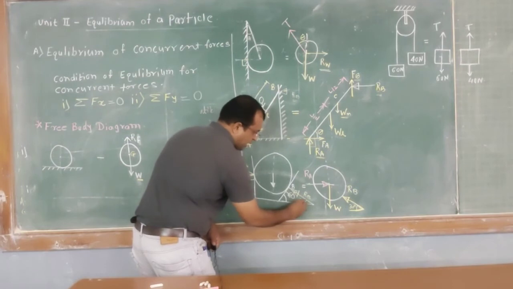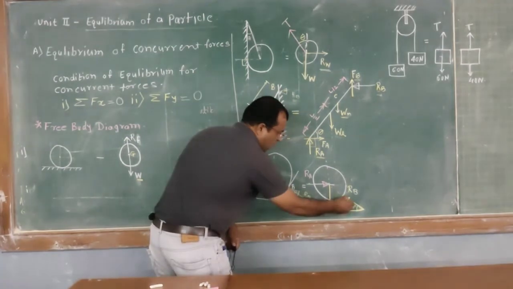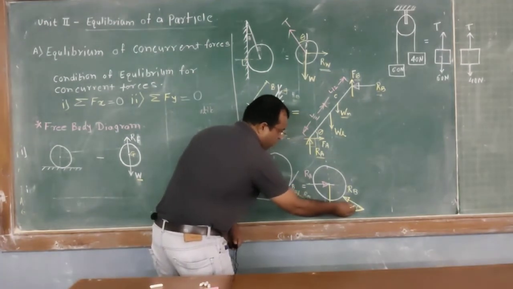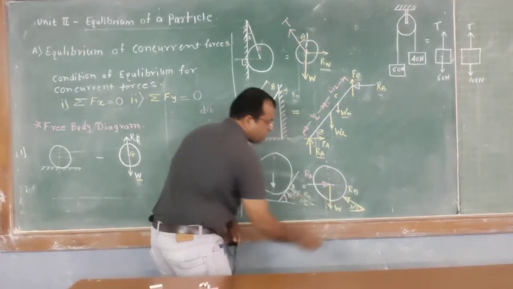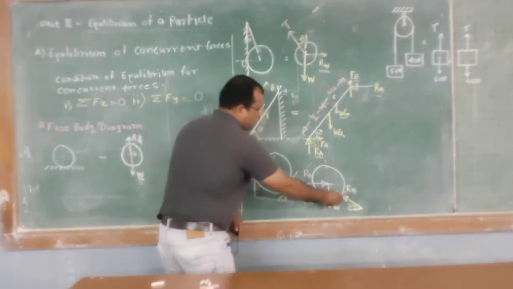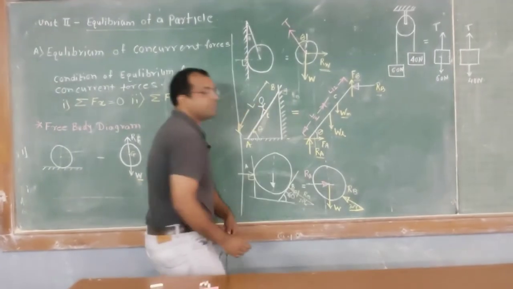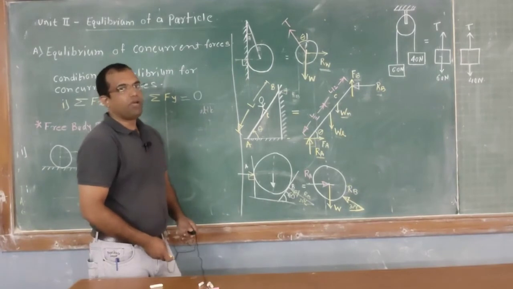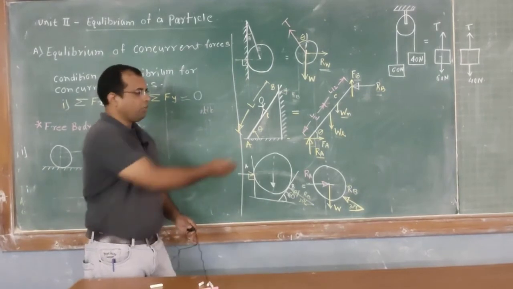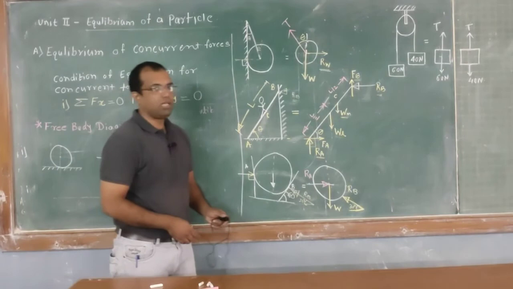If we construct the triangle, this angle is 30 degrees. Therefore I have shown here that the reaction offered by the inclined wall on that sphere makes an angle of 30 degrees with respect to horizontal, and all these three forces are acting at a single point. Therefore we can solve this problem by using the conditions of equilibrium of concurrent forces, or we can solve this problem by Lami's theorem also.